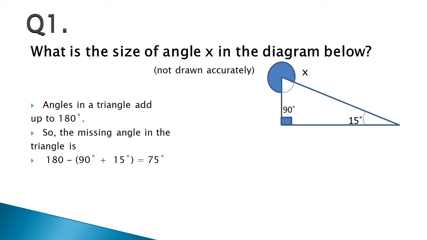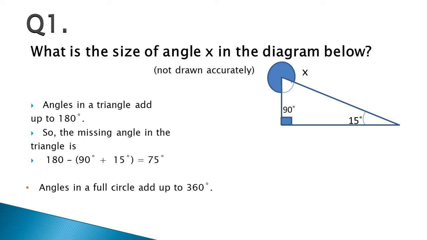So some part of this circle is the angle inside the triangle, the third angle we just found out, which was equal to 75 degrees. So we know the angle inside the triangle is 75 degrees, and we know the whole circle around a point adds up to 360 degrees.